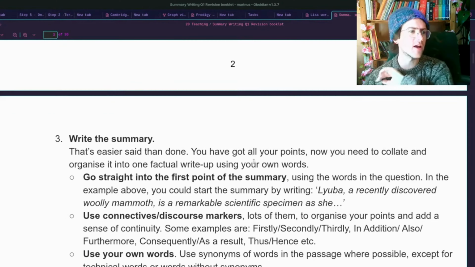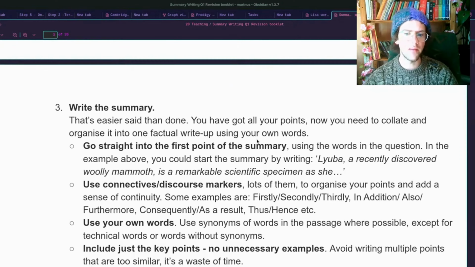You don't need to write a long intro. You just get straight into your first point of the summary. Make sure you use your connectives like firstly, secondly, thirdly, in addition, also, furthermore, consequently, as a result, thus, or hence. All of those add continuity to your piece so that it doesn't feel like you've just got a point form list. Does that make sense?